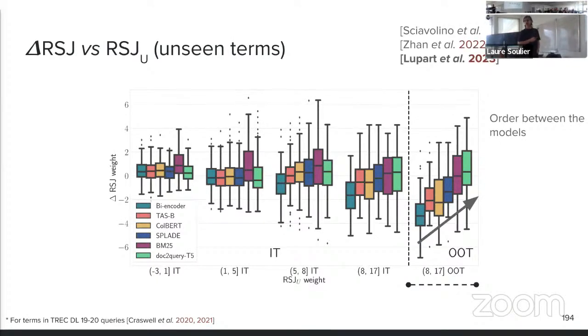We additionally observe that there seems to be an order, a difference between models in their ability to retrieve exactly these important query terms. For instance, we see that SPLADE seems a bit better at retrieving terms that are not seen at training time. So we hypothesize that this might be one of the reasons that could explain its good out-of-domain performance.